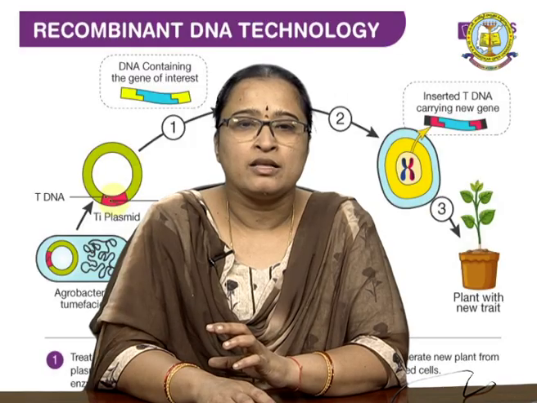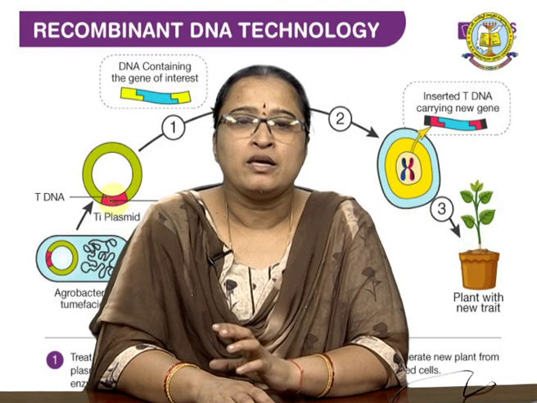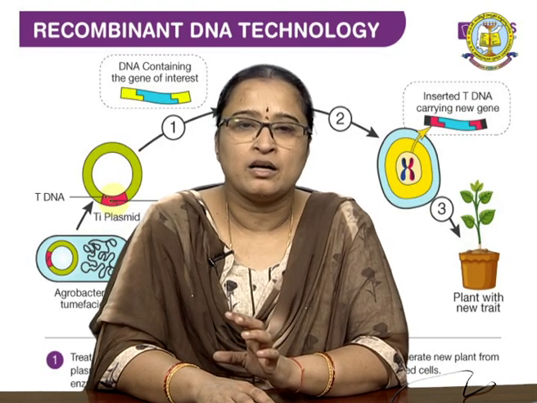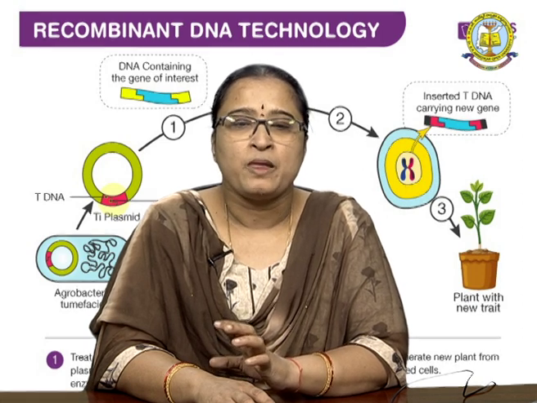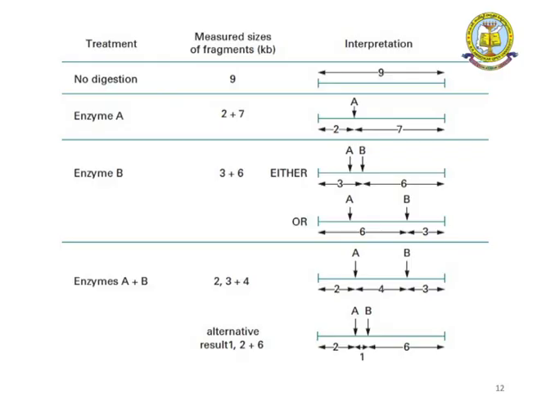Different enzymes give different measured sizes. Enzyme A, enzyme B, and enzymes A plus B together are involved. The measurement is 9 kb fragments. B is 3 plus 6, either 5' to 3' or 3' to 5'. These are the measurements of the enzymes.